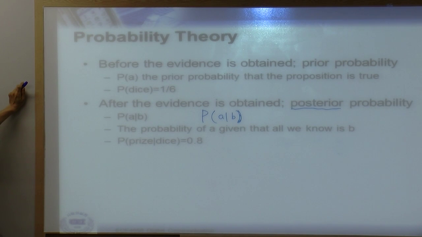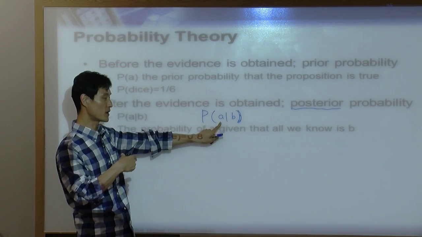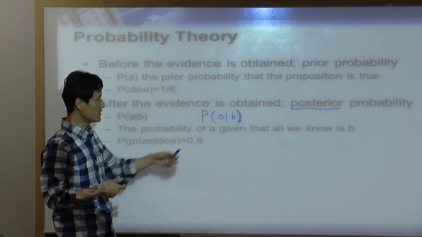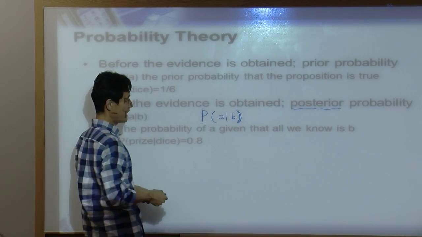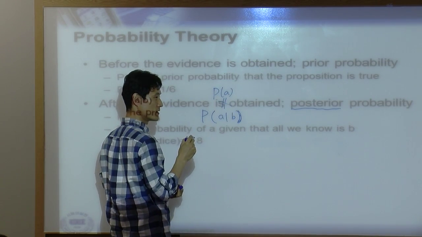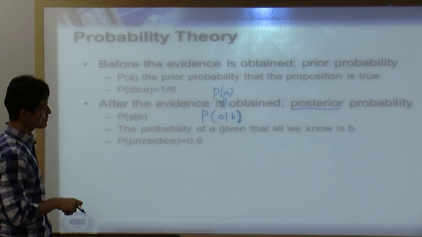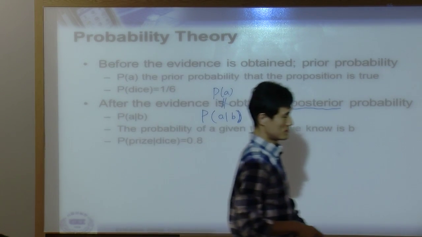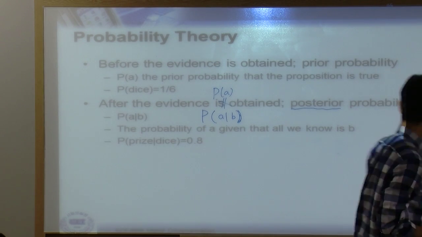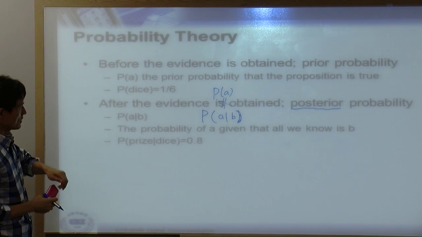And given that, what is the probability of A? That's the posterior probability, right? Because B already happened, and then the probability of A. Clearly, this one is very different from P(A). This is not the same. So this is what we call a posterior probability.